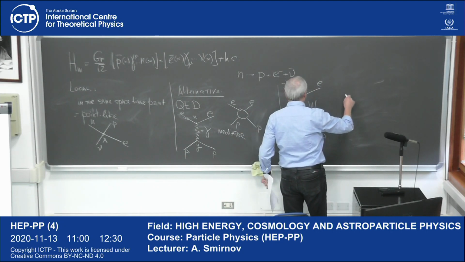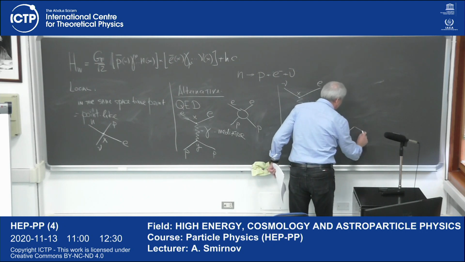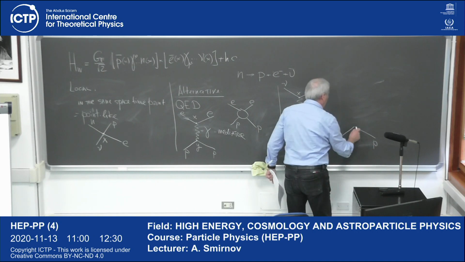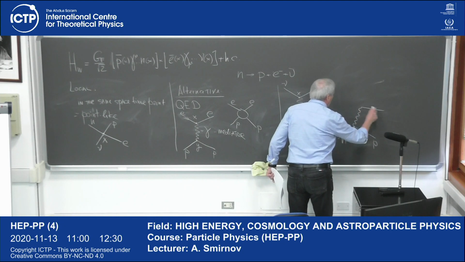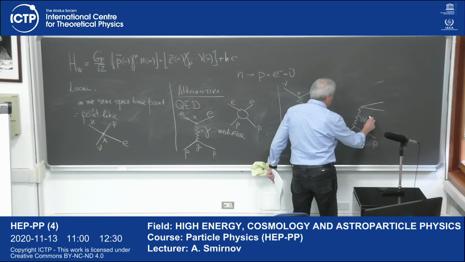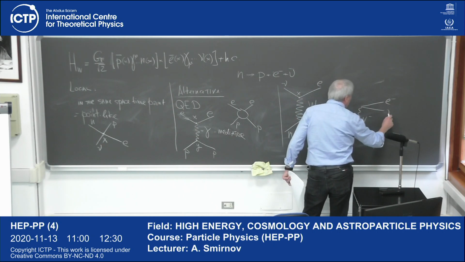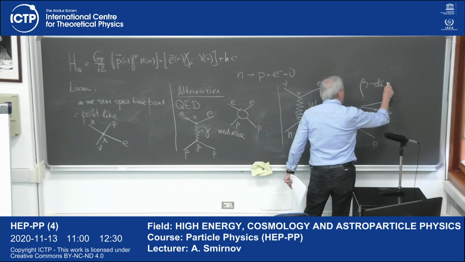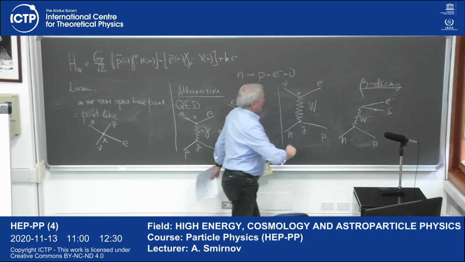So what happens is that the neutron transforms to a proton, and then there is a W boson, and the W boson, here it will be W minus, is transformed into an electron and an anti-neutrino. So this is beta decay.